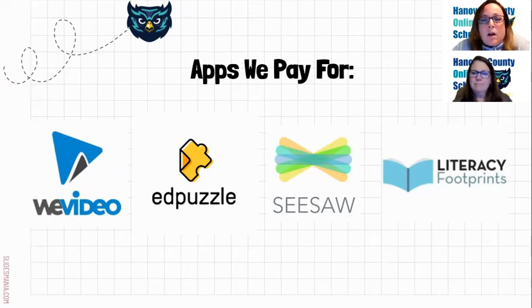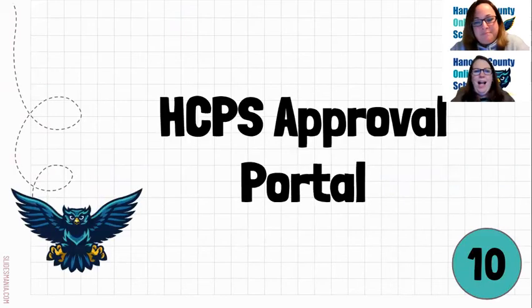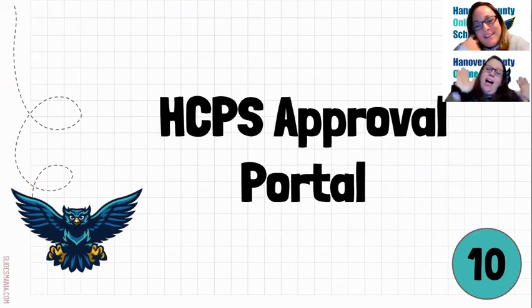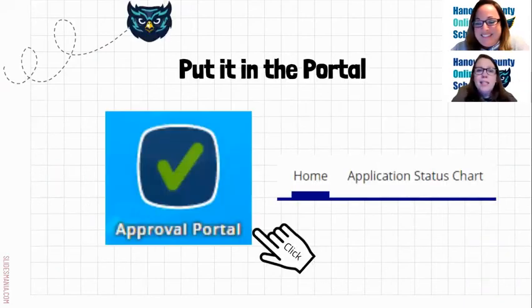All right, moving on to number 10. The HGPS approval portal, also located in ClassLink. The reason this site is so incredibly important is it protects us by making sure that the sites and things we're using for our students are the best instructional tools we can use.